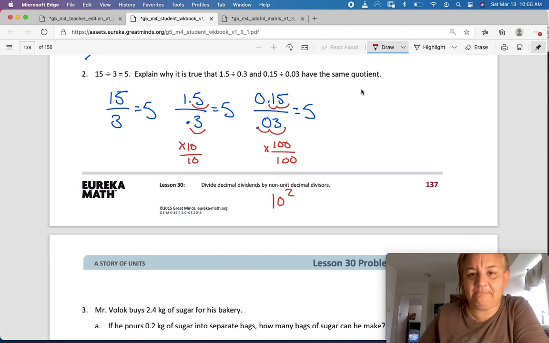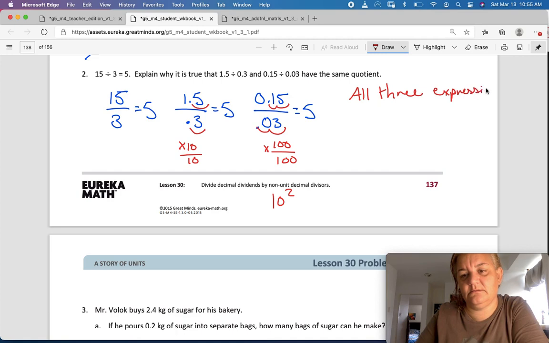Well, all 3 expressions have the same value.